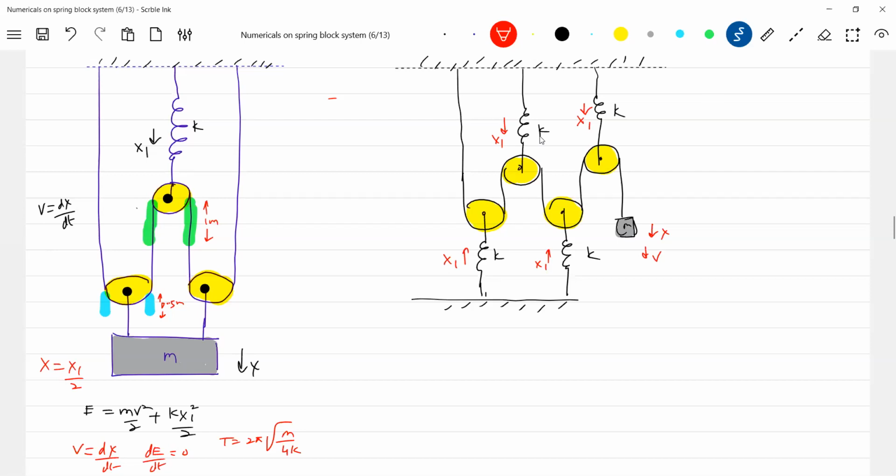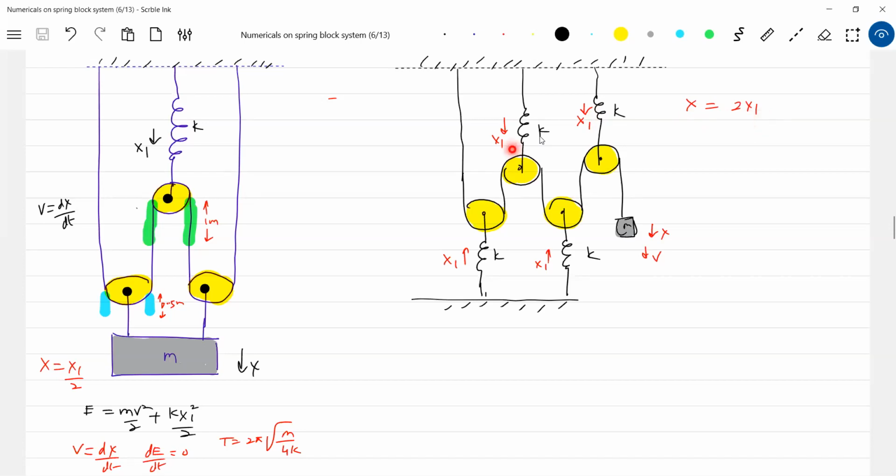So shall we write here x equal to 2x1? Assume that these 3 springs are not there, only this spring is there. This moves by 1 meter, then this will move by 2 meters. So the displacement of the block is twice the elongation of this spring.